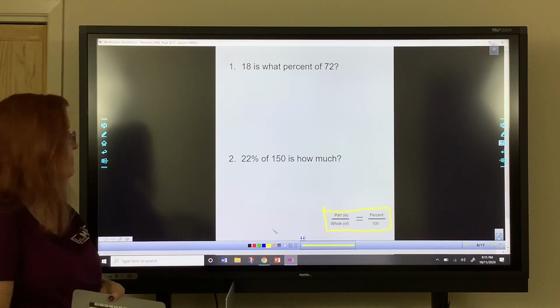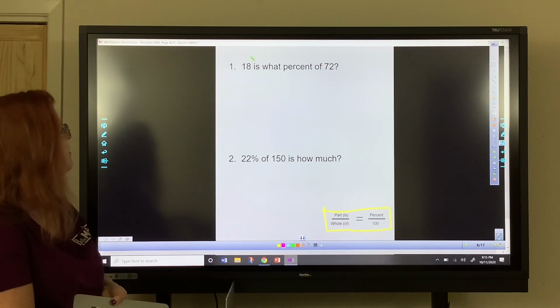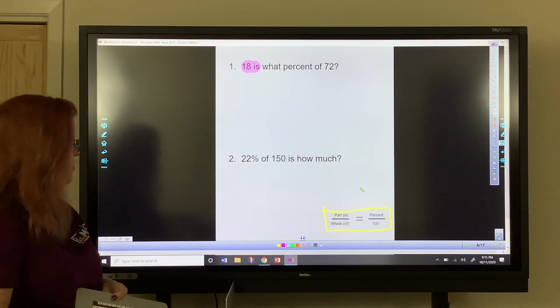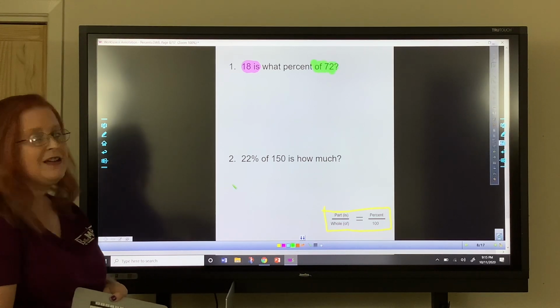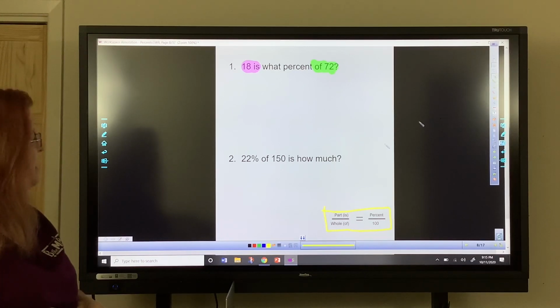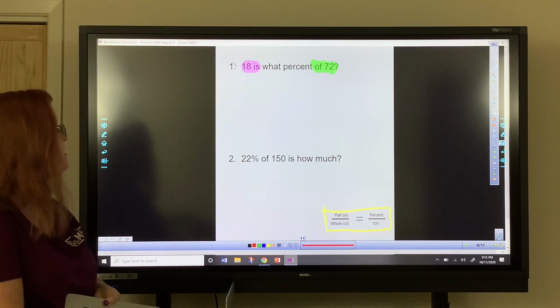So when we go up here and we find the "is," get my highlighter, there's my "is" what number? 18. And then we find the "of" right here, and that tells me my whole. So let's fill in our proportion. The part goes on top, so that's 18.